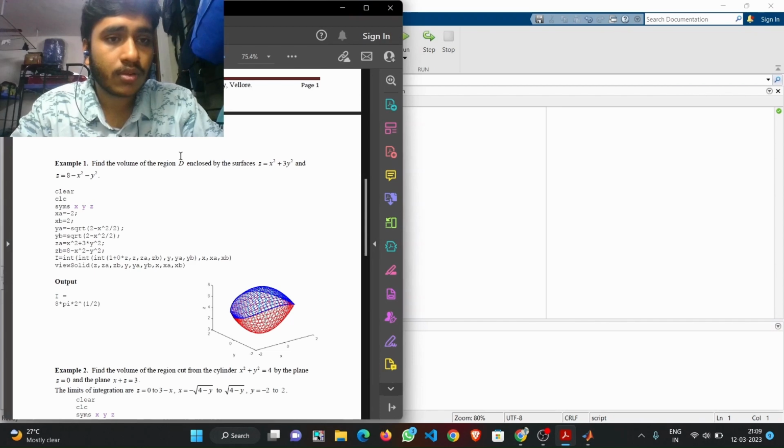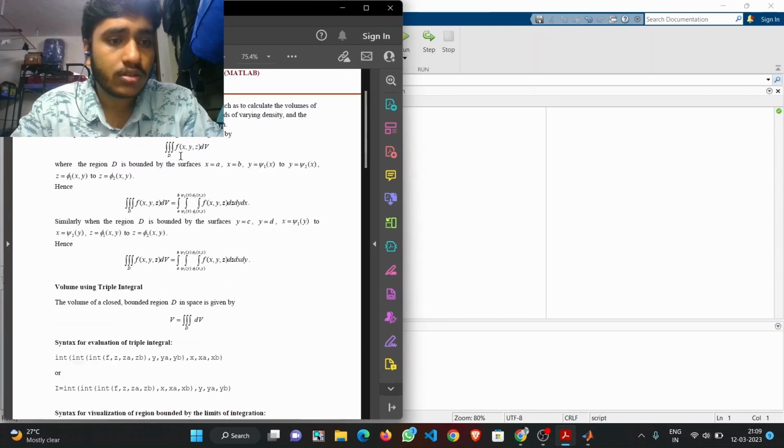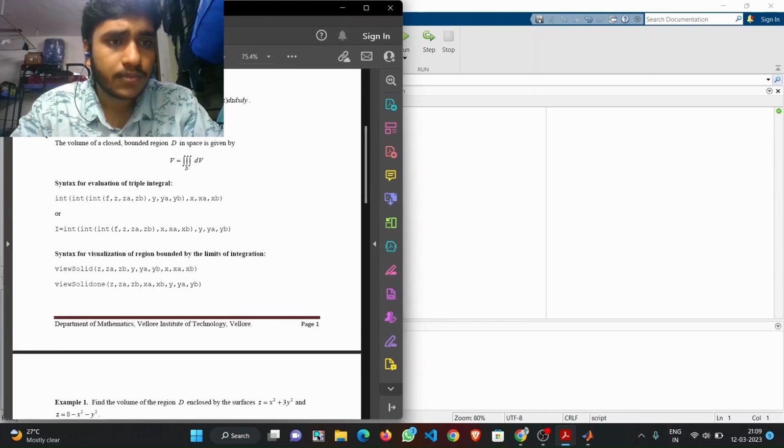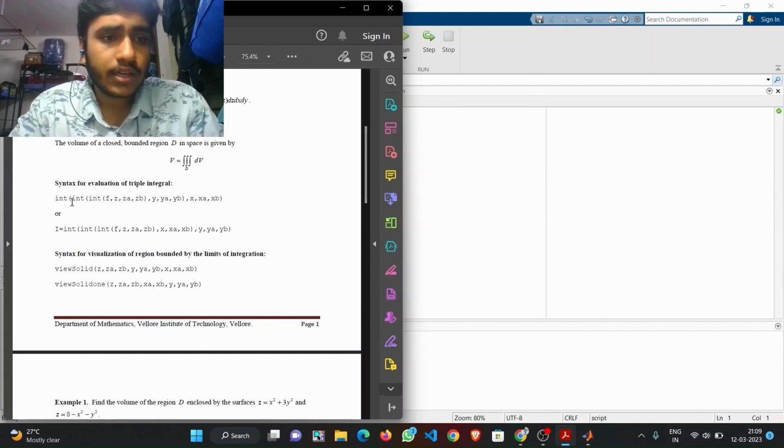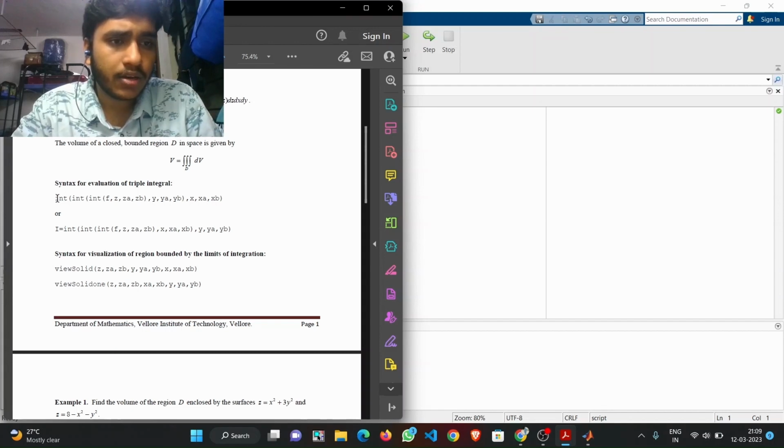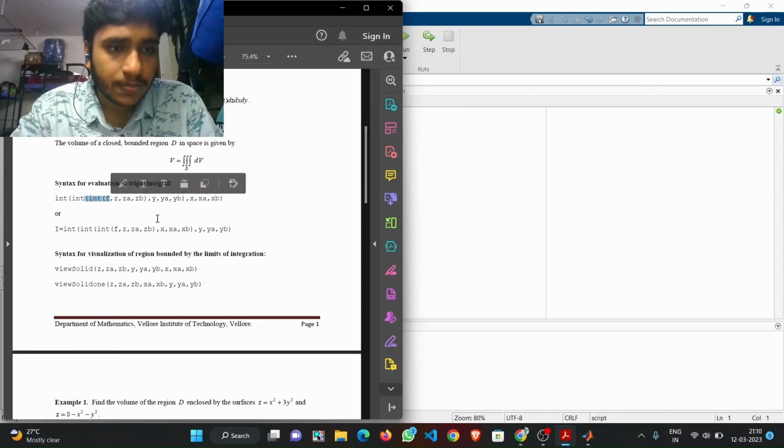So first of all, let us see the syntax for evaluating the triple integral. First, see this: int(f, z, za, zb) is one function that will return the integration of function f with respect to z, where the lower limit of z is za and the upper limit of z is zb.